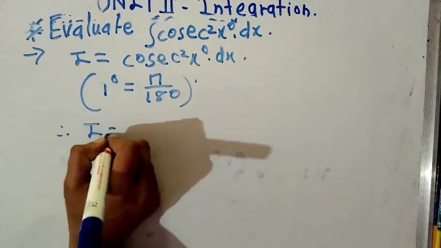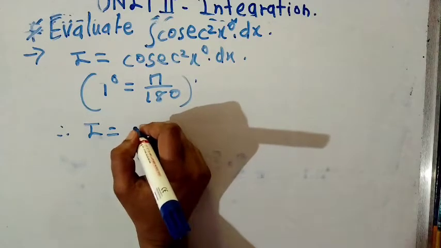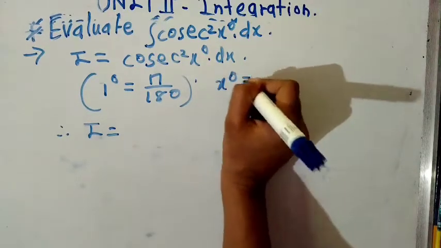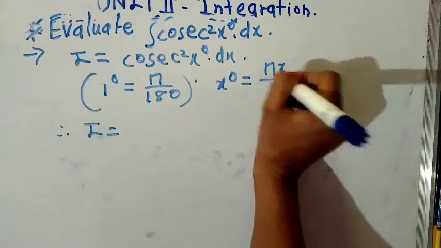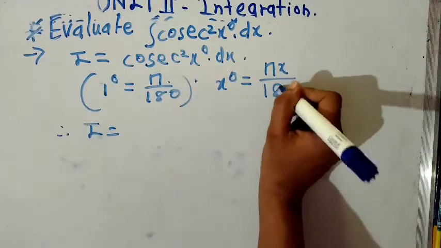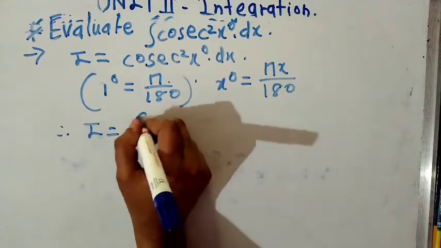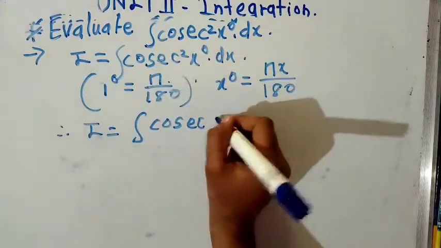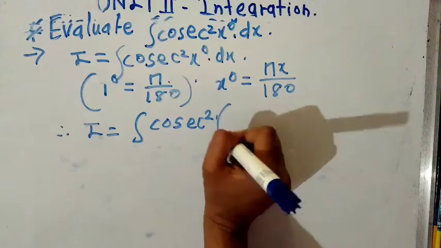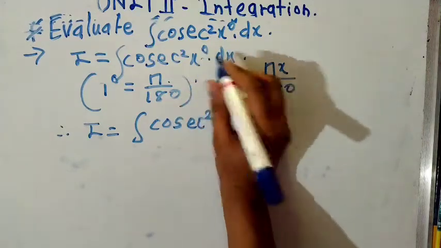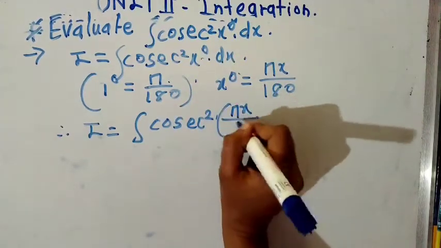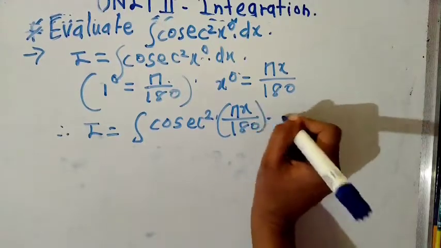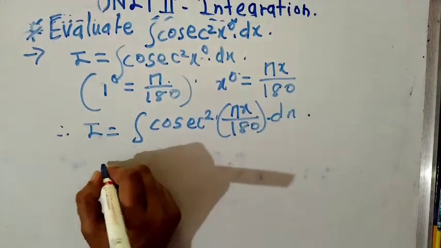Hence x degree is equal to pi into x upon 180. So I is equal to integration of cosec square of pi x upon 180 into dx.